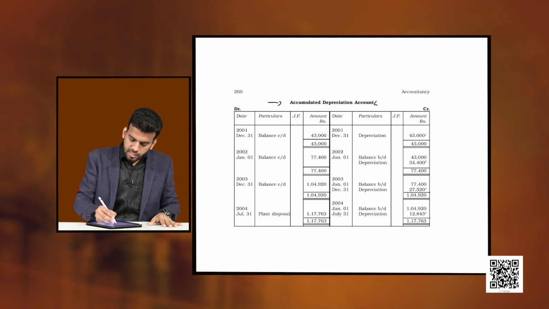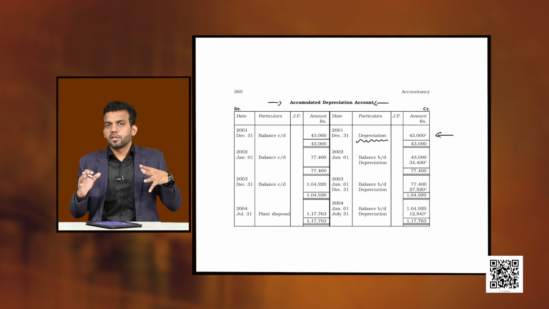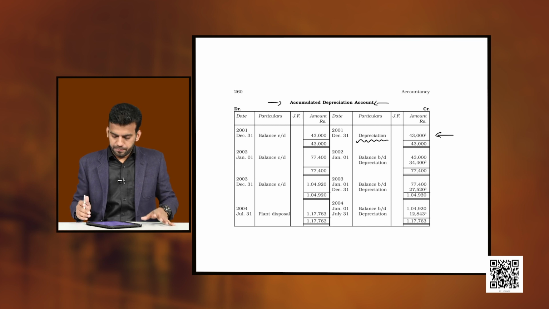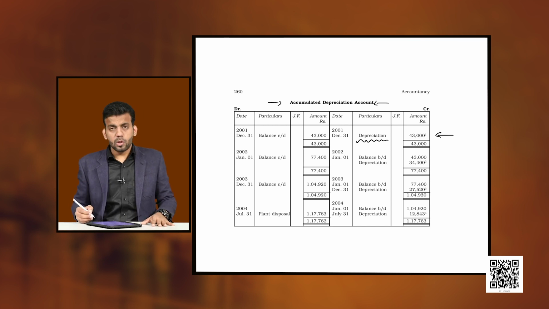One more ledger, accumulated depreciation account, and depreciation is written here, 2,15,000, 20% makes it 43,000, which you can easily see in your working note. 20% of 215,000 is 43,000, and depreciation is accumulated in a separate account, unlike the earlier method.